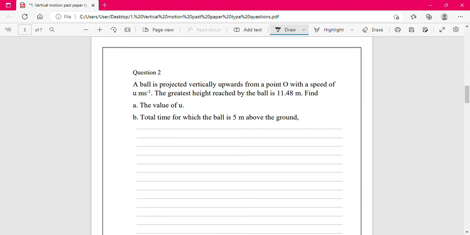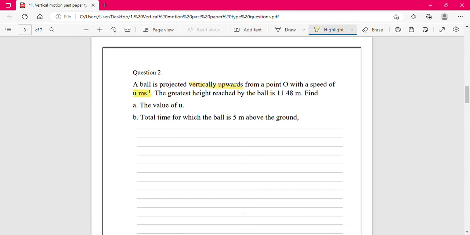Okay, so let us come to the second problem here. A ball is projected vertically upwards from a point O with a speed of u meter per second.